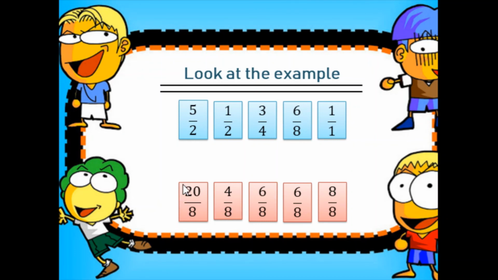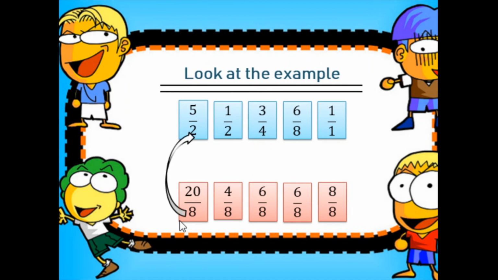It's because since the denominators are not the same, you have to find their common multiple so you can divide. The common multiple that can be divisible by all of these denominators is 8. But how did we get 20, 4, 6, 6, 8?